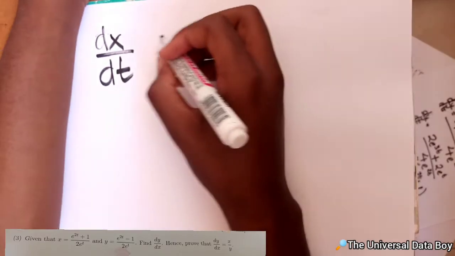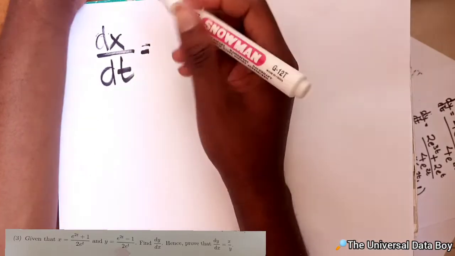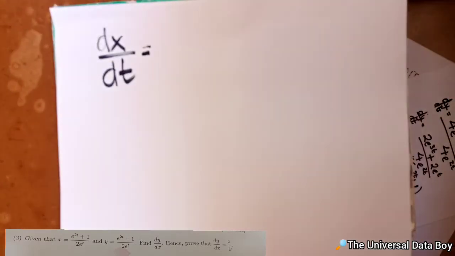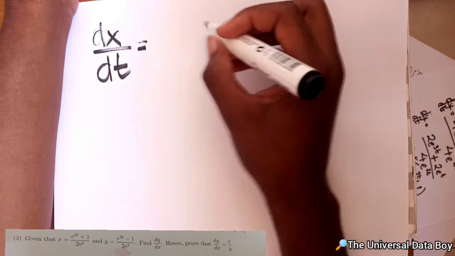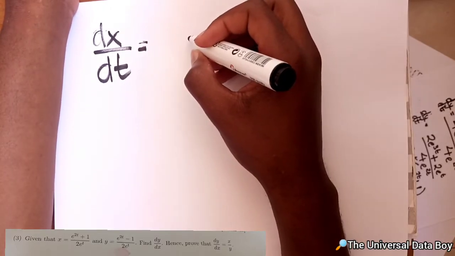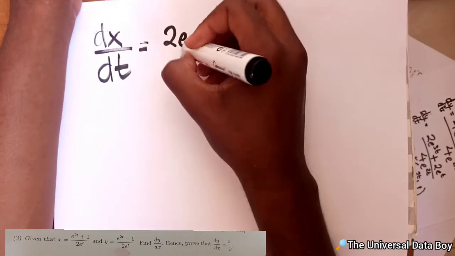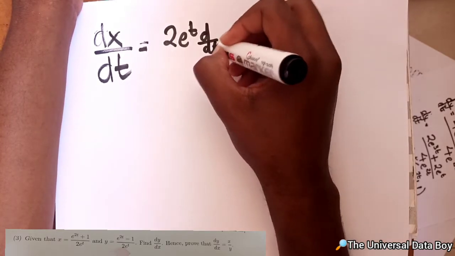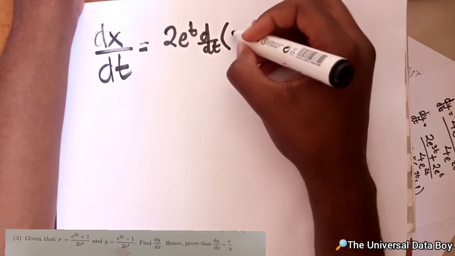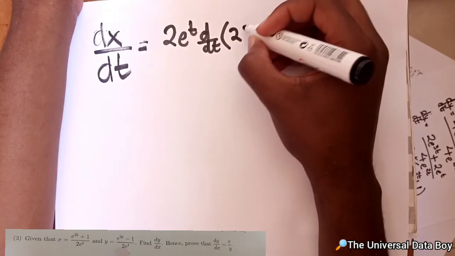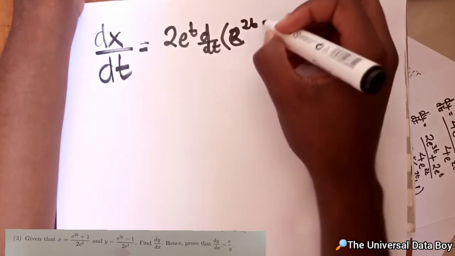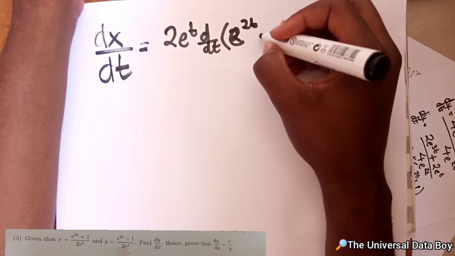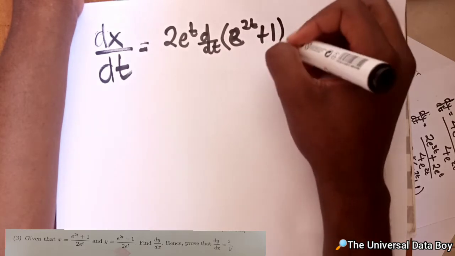Now this one is going to be equal to, if you remember what x was, we're going to write the denominator just as it is, then write the derivative of the numerator, which is e to the power 2t plus 1.